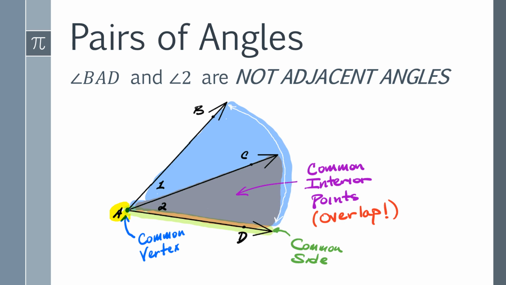Does it have a common side here? Yes. But we have all these common interior points, all right? And we have this overlap, right? This is where these common interior points are shared by both angles. So those would not be adjacent angles.